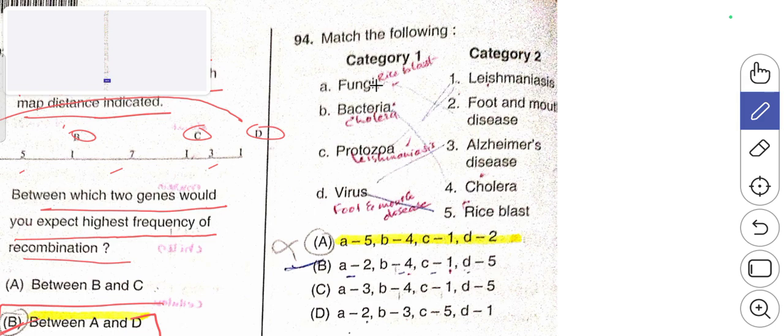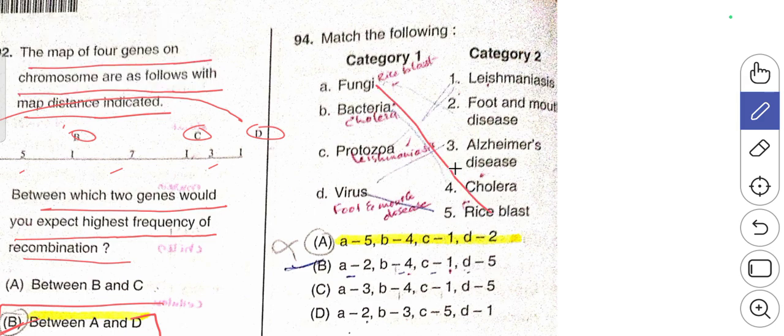Fungi, where we see rice blast; bacteria, which cause the disease cholera; protozoa, which cause leishmaniasis; then virus, which causes foot and mouth disease in cattle. So A is the right answer.